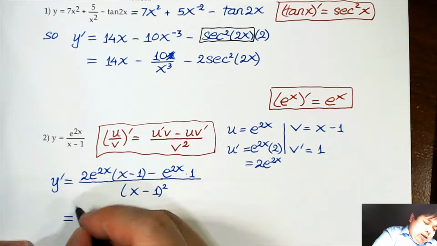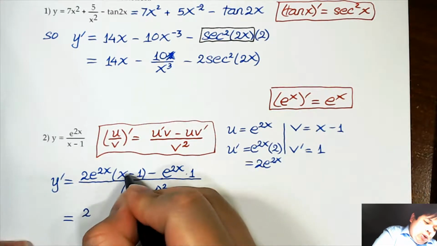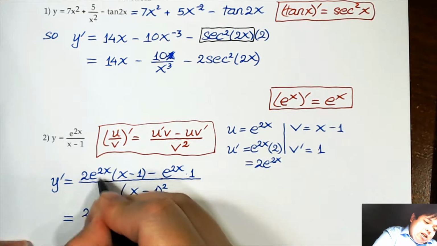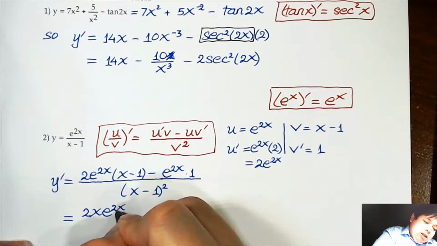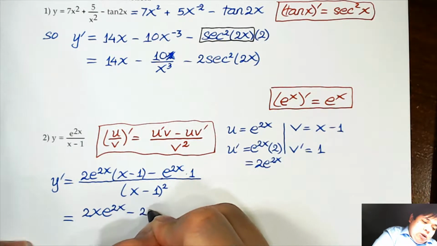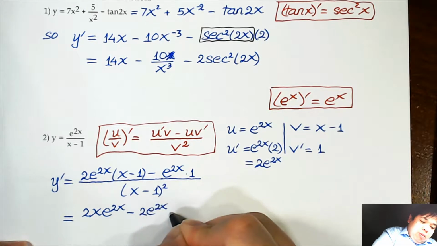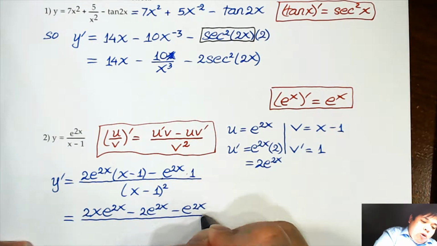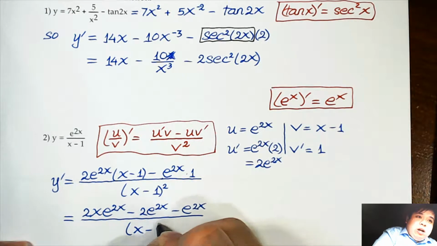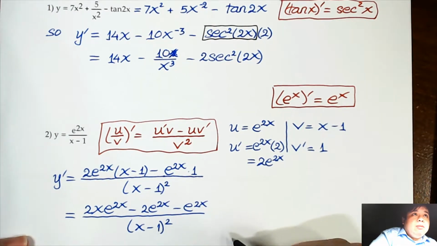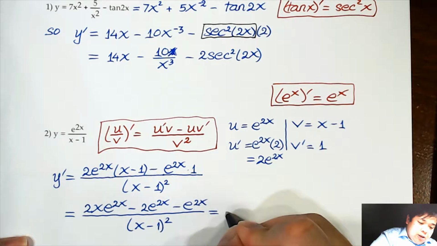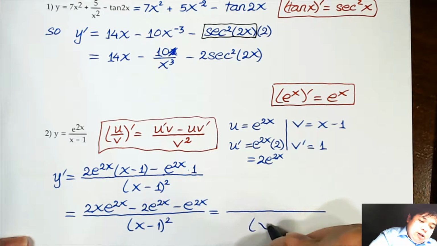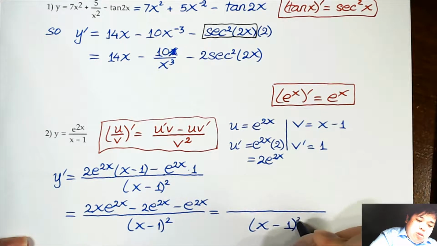We will have 2, let's put an x here, e to the 2x, minus 2e to the 2x and minus e to the 2x, all over x minus 1 squared.